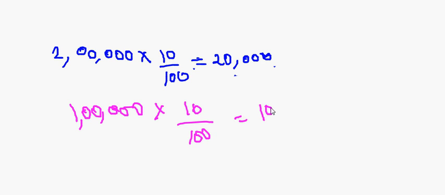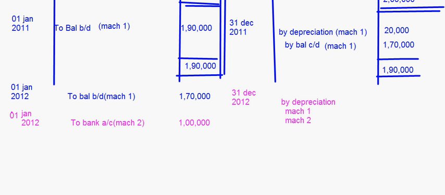So as to make things more clear, right? You can also combine it and put it as one, but if we do it like this, it becomes much clearer. So first of all, for machine 1, it is the same amount, 2 lakh into 10 upon 100, 20,000, because we are doing it by original cost, straight line method. And for the second machine, 1 lakh is the original cost, 1 lakh into 10%, which is 10,000 rupees.